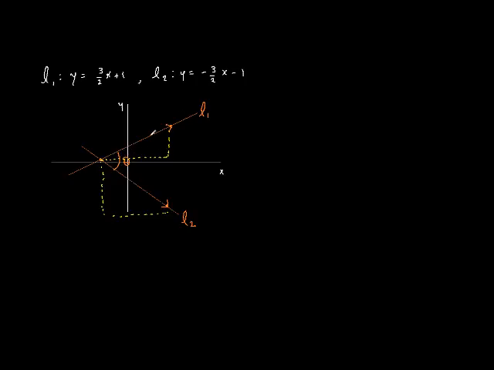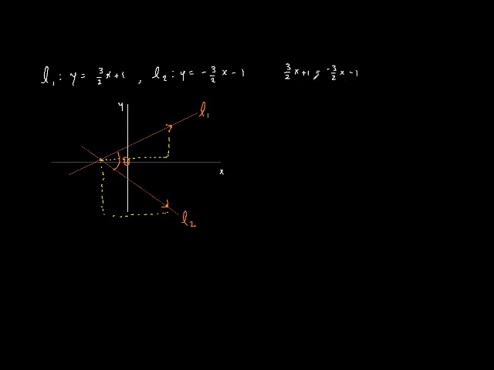So let's start by finding this point of intersection. I do this by the comparison method. I have this equation and that equation, and they are equal to each other at this point. So I have 3 over 2 x plus 1 equals minus 3 over 2 x minus 1.